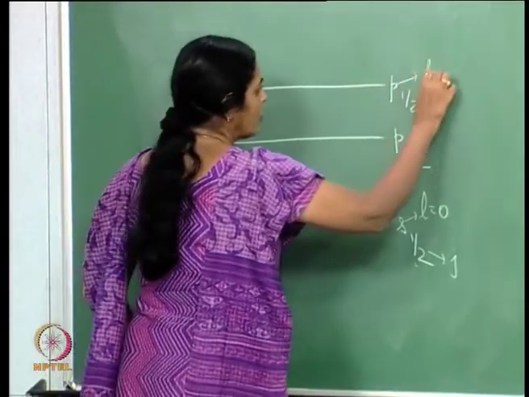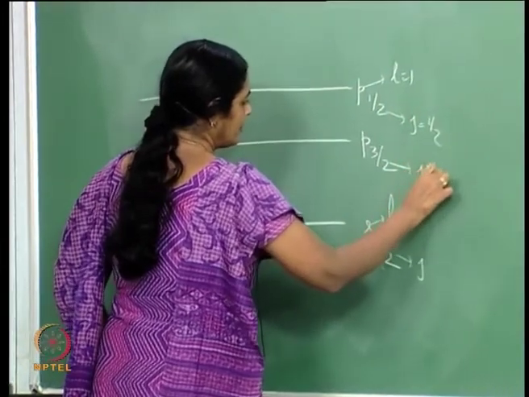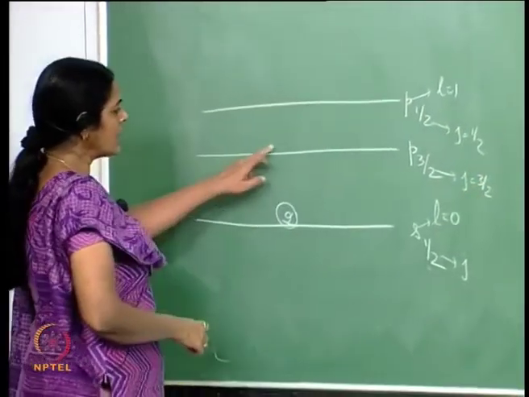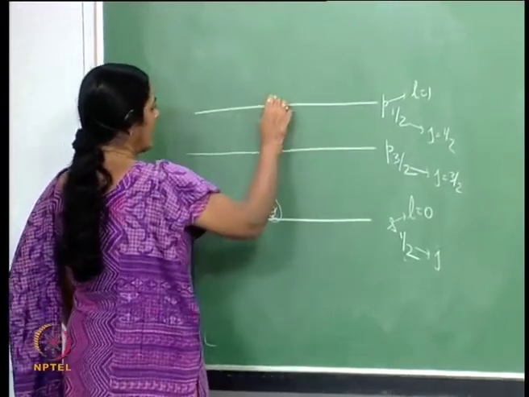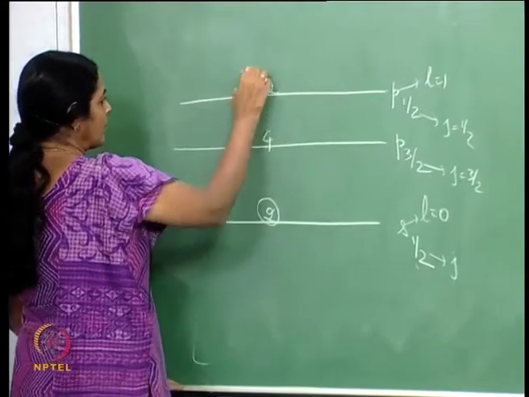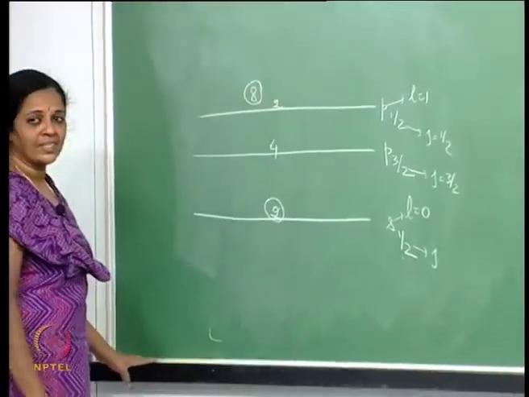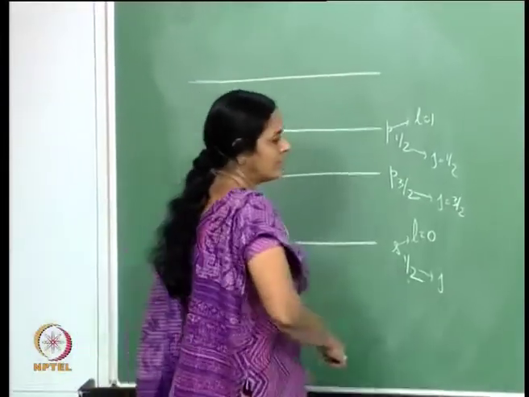P means L is equal to 1 and this is the value of J. This level can have 2J plus 1 particles, which means 4, and this level can have 2 particles. So, that gives me a total of 8 particles. So, the magic number 8 has been explained. Let us proceed further.